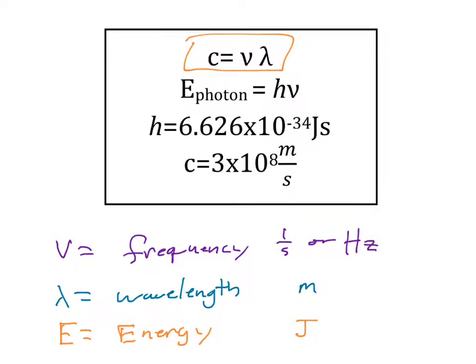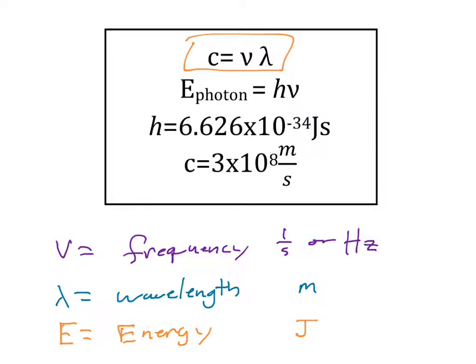If it gives you something like nanometers or micrometers, you have to convert it to meters. So be very careful. The other thing is you will have problems that ask you to answer the question not in joules but in kilojoules. Just know that these equations will give us the energy in joules, and we'll have to convert it to kilojoules if the problem is asking that.